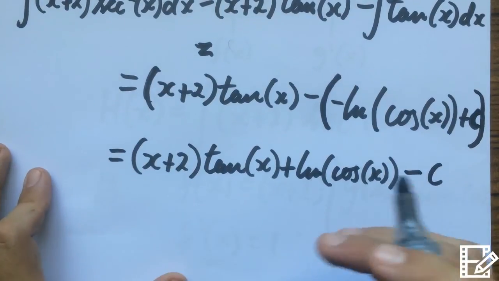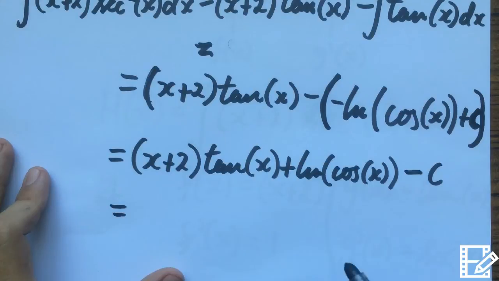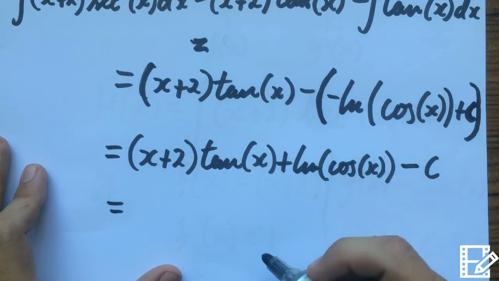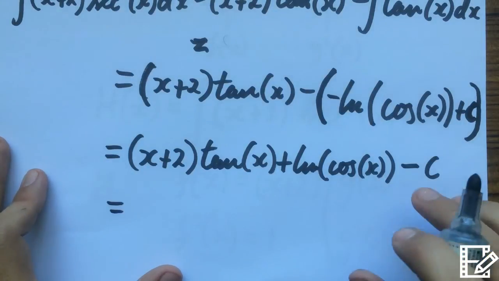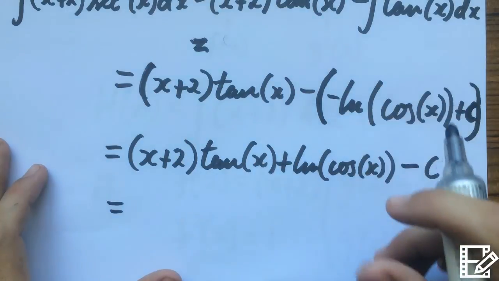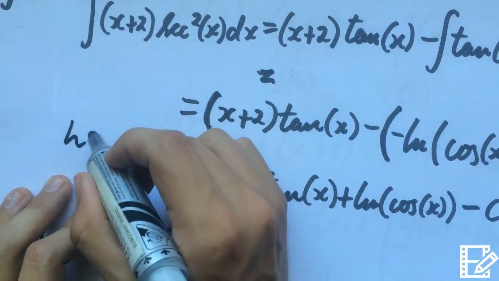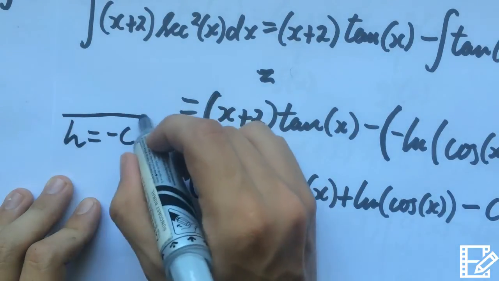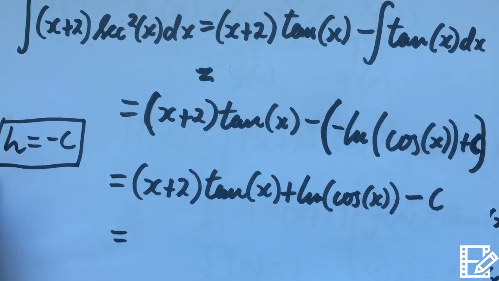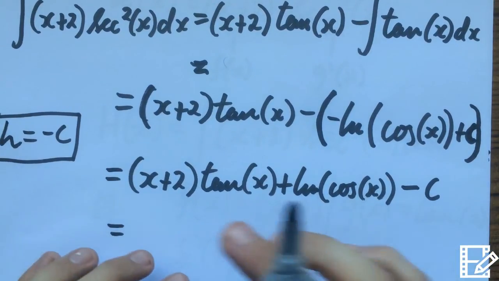Now, you can change that. I like to keep my constants positive at the end. I don't know why, I think that was the way I was taught to do it, but I like having a positive number on the end. So, if you wanted to, just for argument's sake, we'll do it over here. If you wanted to make the letter h equal to negative c, in the example we're doing we don't have an h. h doesn't mean anything, we can just use it as a label for negative c.